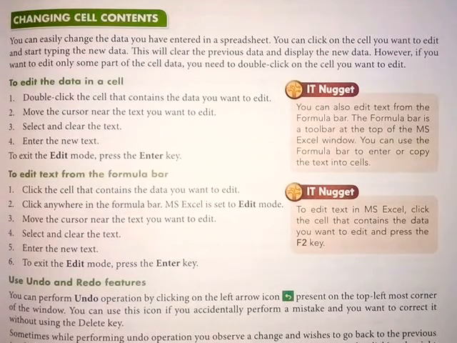You can click on the cell you want to edit and start typing the new data. This will clear the previous data and display the new data. However, if you want to edit only some part of the cell data, you need to double click on the cell you want to edit.